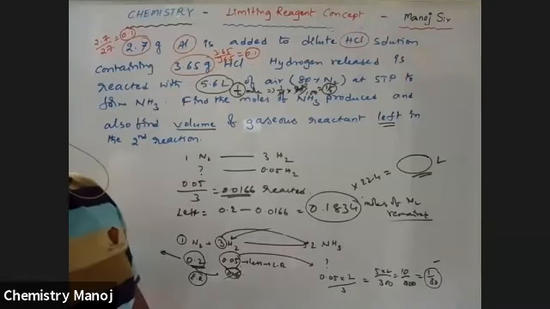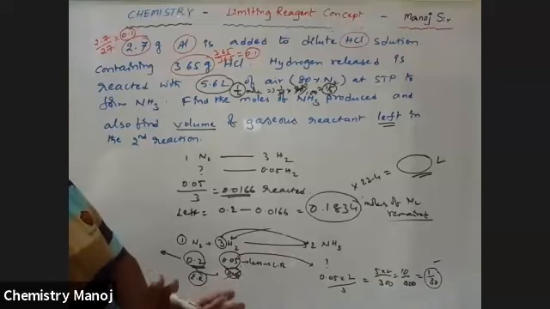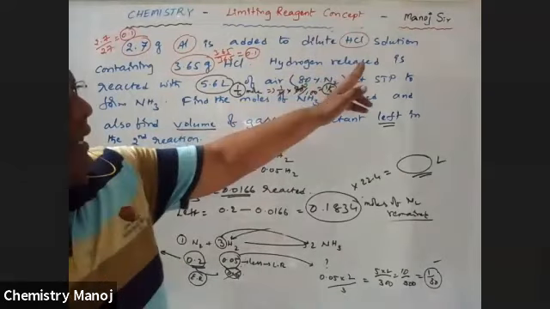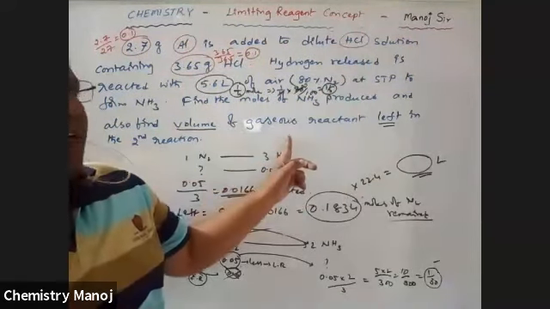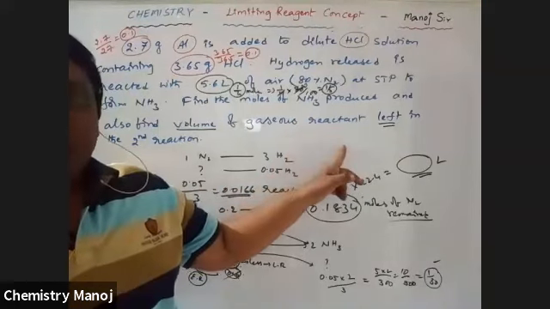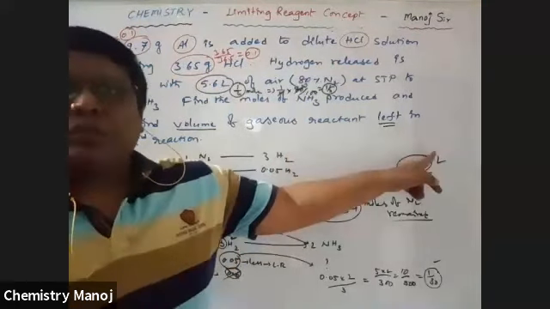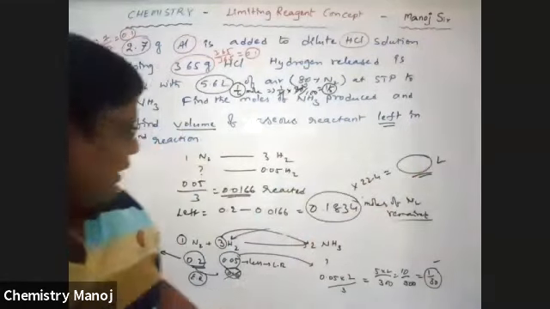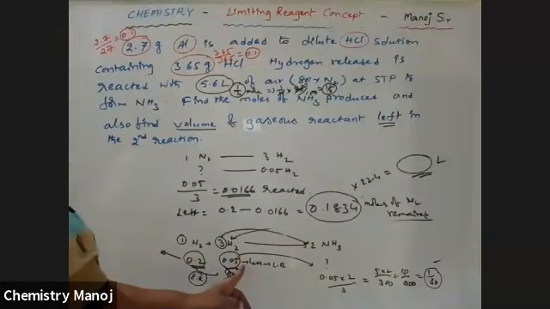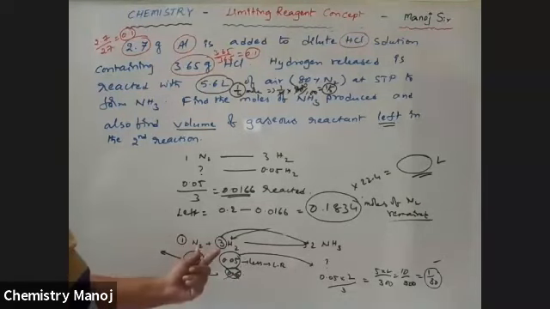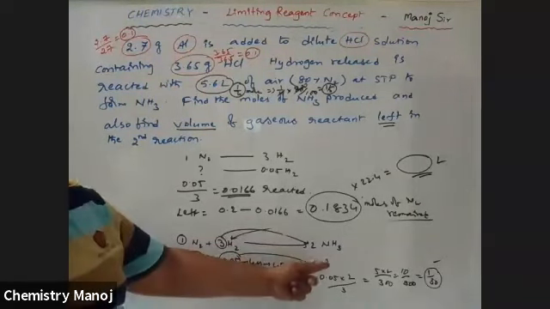So first calculate how much hydrogen is liberated by using the equation Al plus HCl gives AlCl3 plus H2. So the H2 liberated is 0.05 according to that equation. Next, nitrogen and hydrogen react to give ammonia.